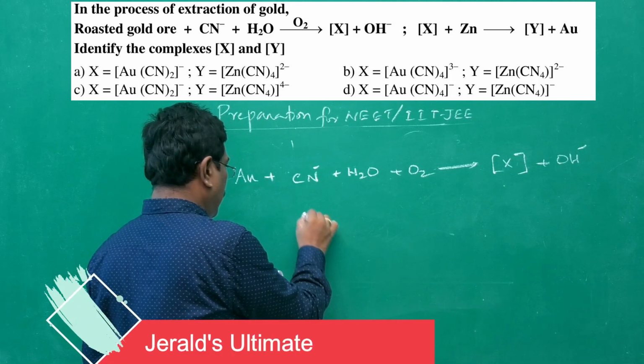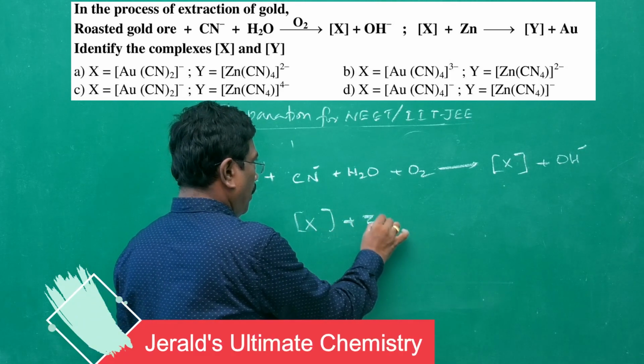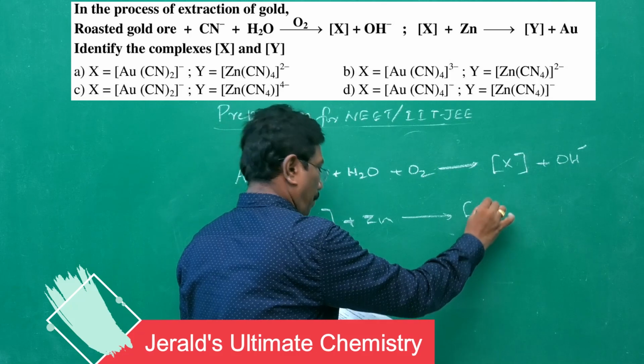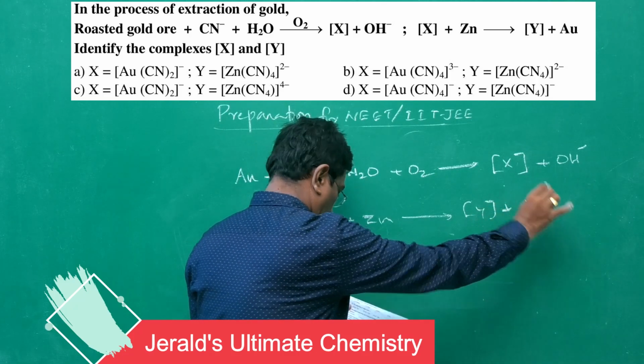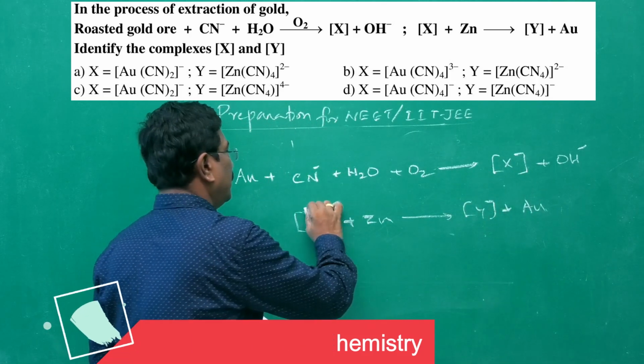The compound X plus Zn gives compound Y plus Au. The question is what is X and what is Y?